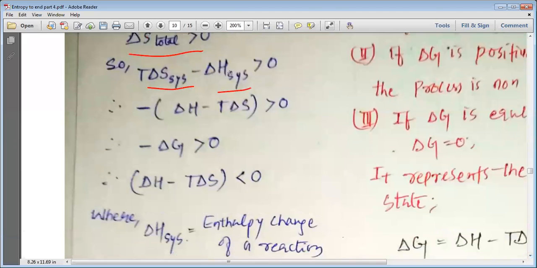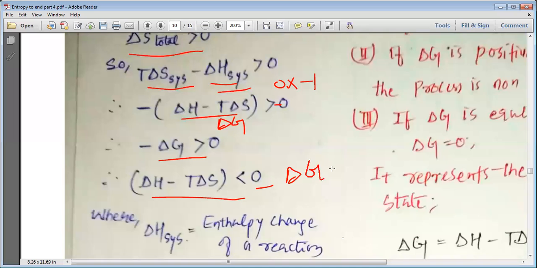Now if we multiply both the sides with minus 1, 0 multiplied by minus 1 is equal to 0. But all these terms, if we make them minus, this minus turns plus, and that is why we get delta H system minus T delta S system, and this is the formula for delta G. That means delta G should be less than 0, or delta H minus T delta S should be less than 0.